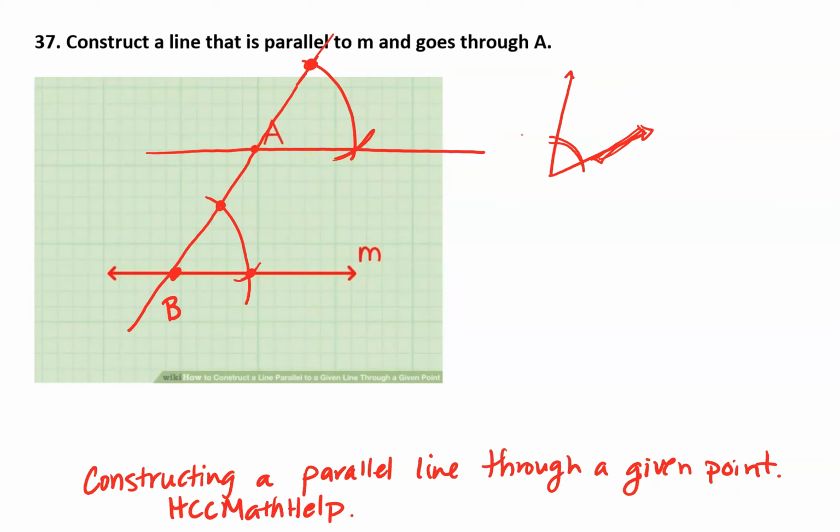And then the idea is that these angles right here would be congruent. So those would be corresponding angles. And if that's the case, then these could be parallel lines because we have congruent corresponding angles. So that's the idea of how a construction would work for that.